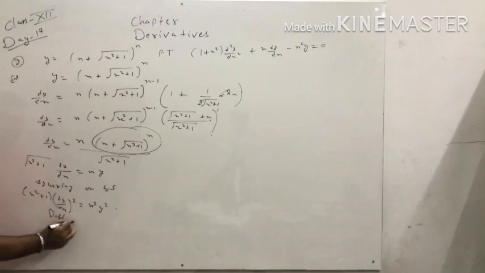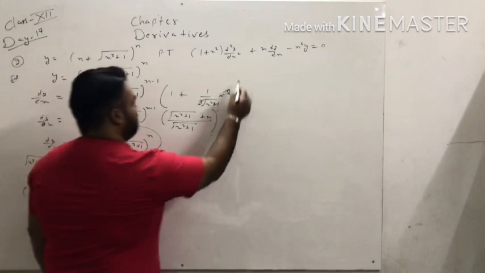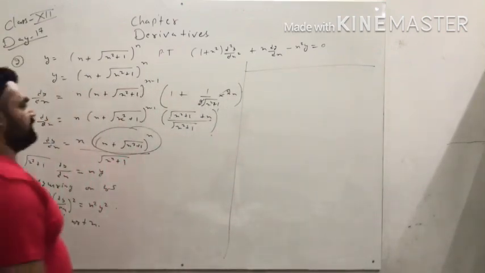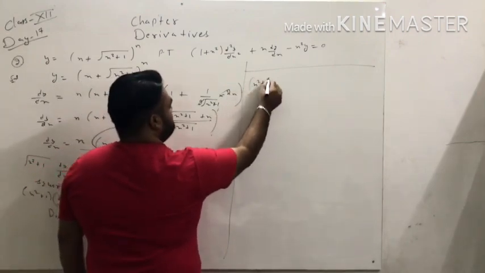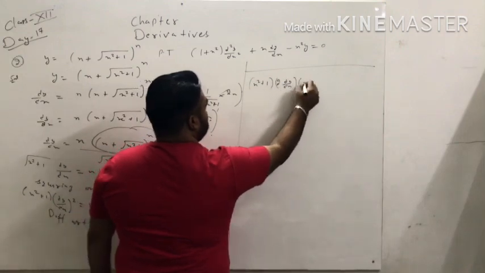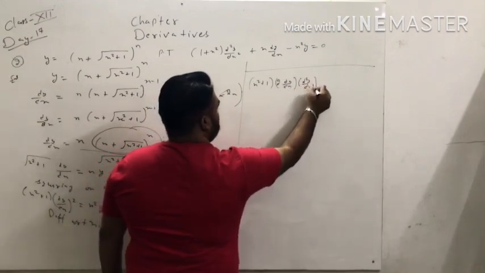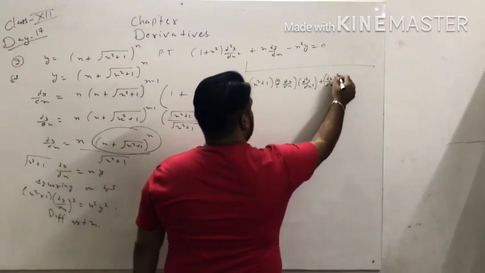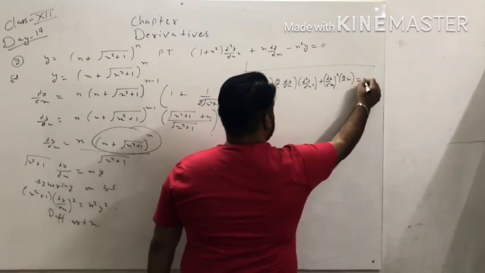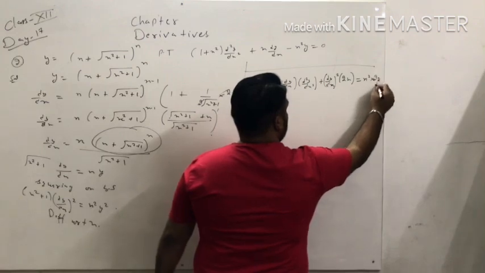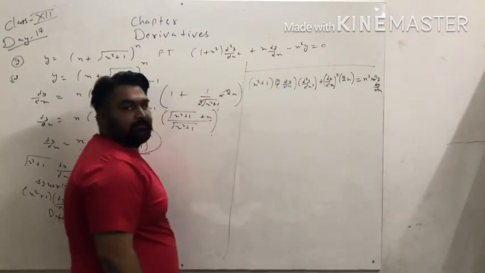So differentiate with respect to x. Again, we use product rule. Product rule means the first term same, the derivative of second. The derivative of second is this, plus second term same, the derivative of first, equals n square. n square is constant. The derivative of y square is 2y dy by dx.